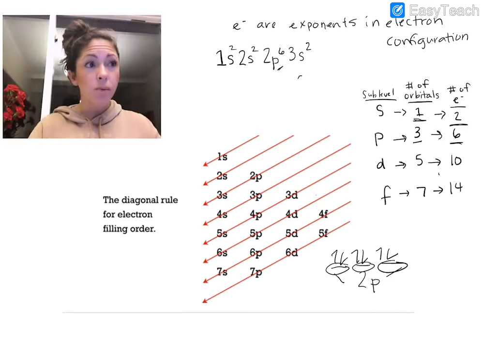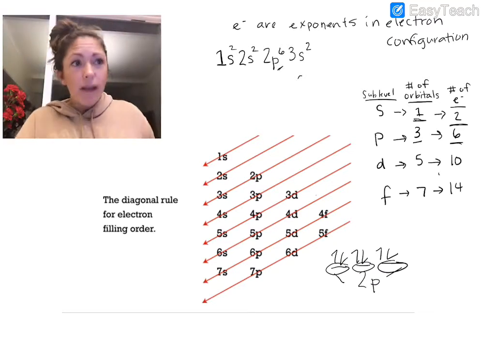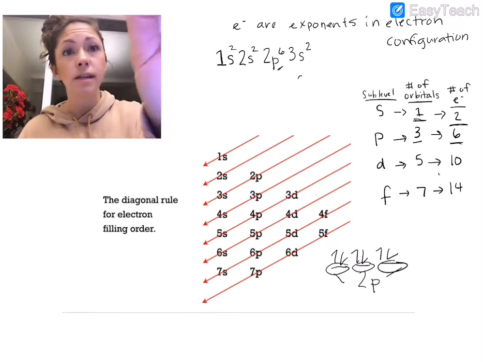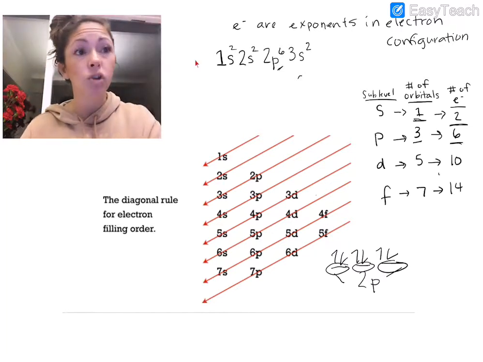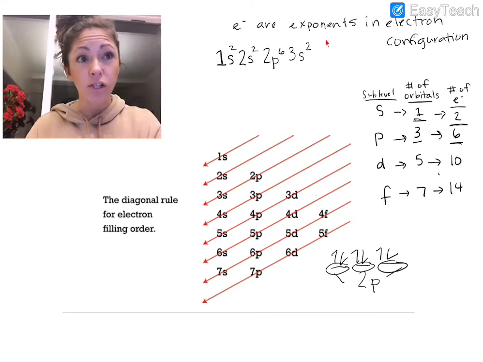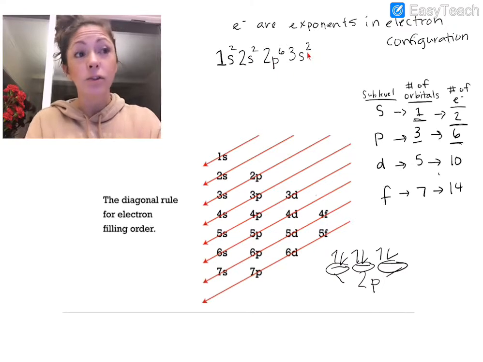Now, if I was to stop right here, just like in orbital notation, this is the electron configuration for a specific element. No other element has this electron configuration. If I count up these exponents, 2 plus 2 is 4, plus 6 is 10, plus another 2 is 12.